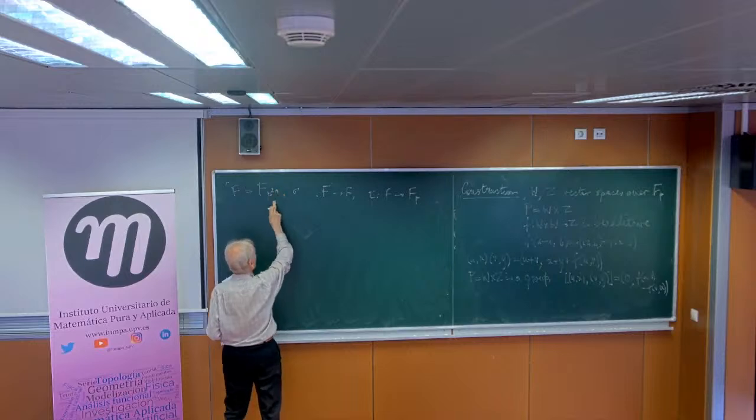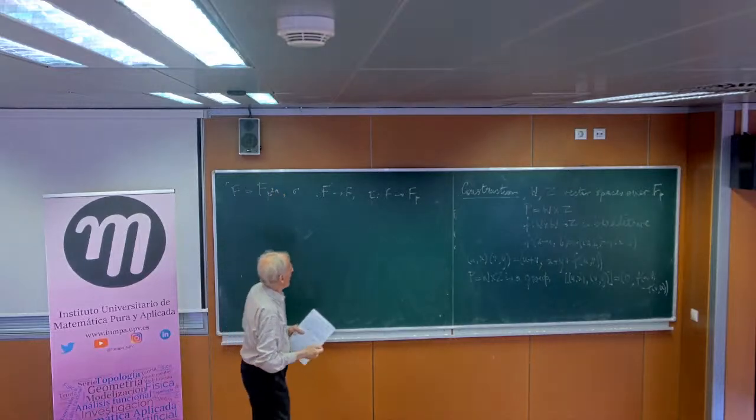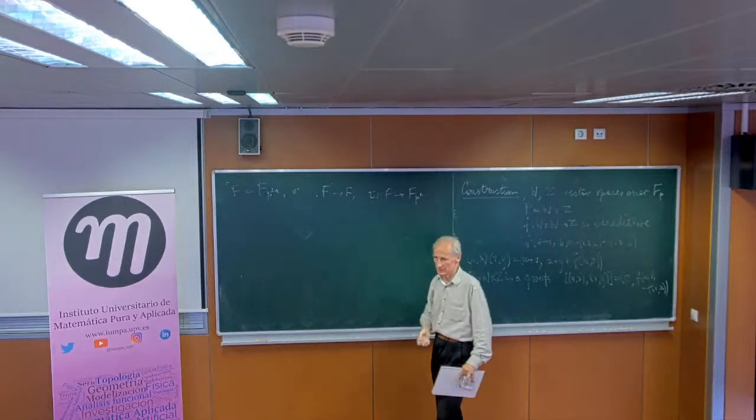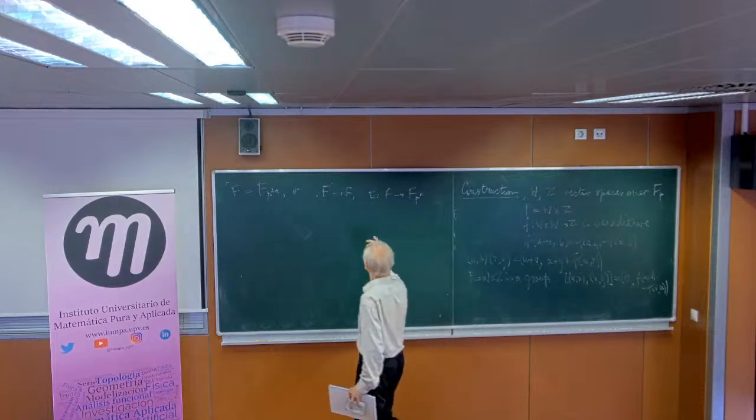So let's take the field of order P to the 2n, and I map from the field into the field of order P to the n, of half the dimension. Okay? And so tau is going to be the trace map.